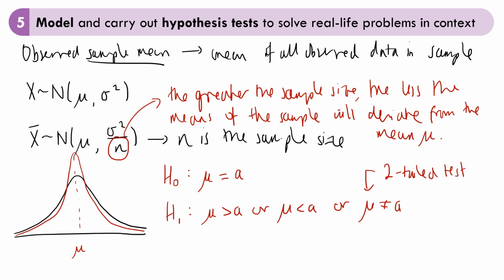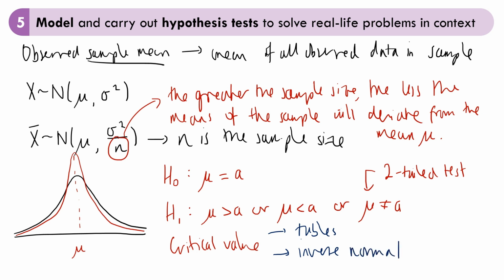And here, to find the critical value, we can either do this from the tables, from the formula booklet, or we can use the inverse normal function on your calculator. So for example, if we had a significance level of 5%, then we need to find the value here, such that the probability of x being less than that value, let's call it C, is equal to 0.05. And that will tell you the critical value.